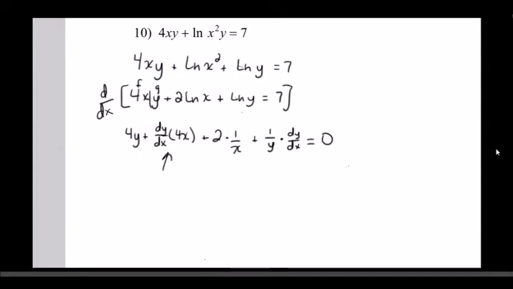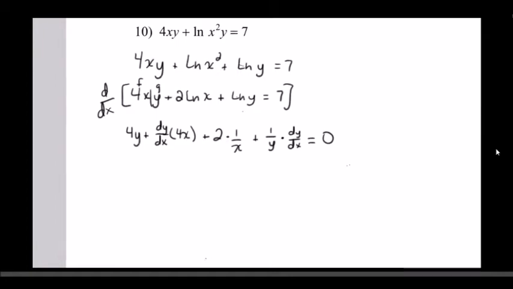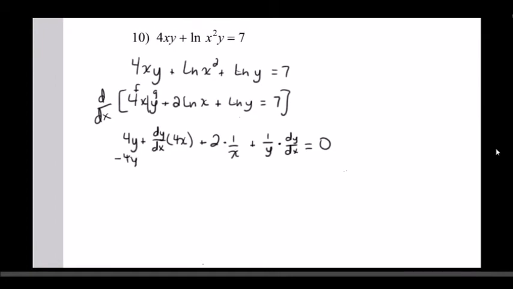Now these terms that have a dy dx, we're going to keep on the left side. These terms here that have no dy dx need to move to the right side. So we're going to subtract a 4y and subtract a 2 over x from both sides.